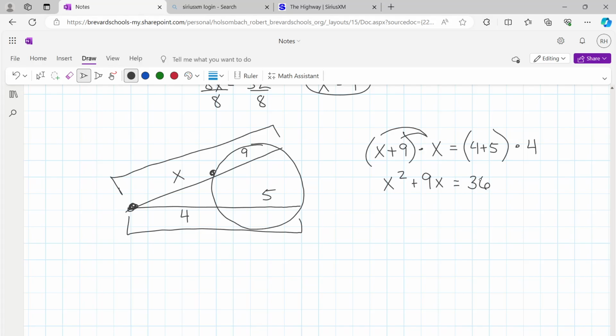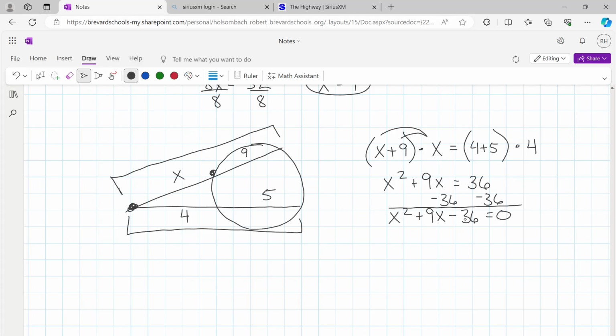So we've got to get all of these terms on the same side of the equation. So we're going to subtract 36 from each side. So our x squared plus 9x minus 36 is equal to 0.